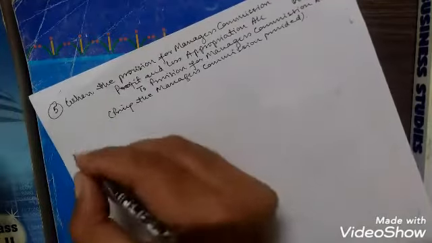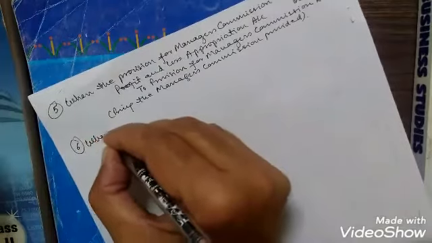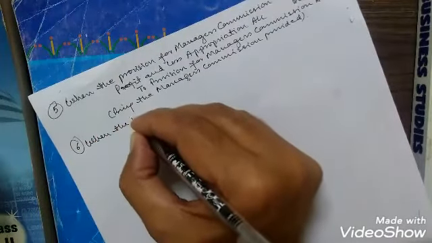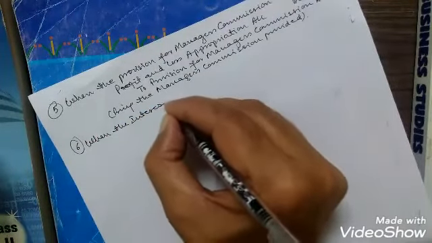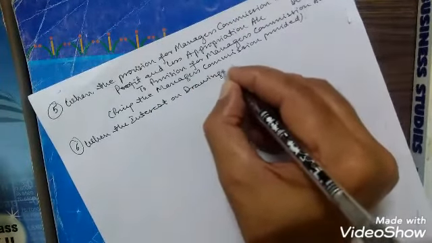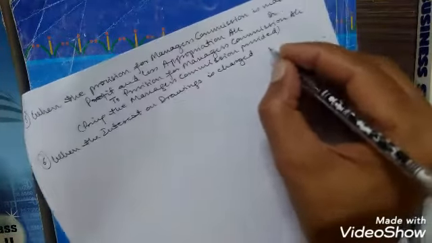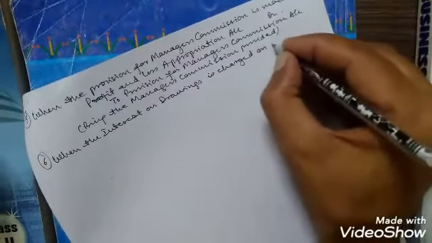Now the credit aspect. Sixth, when the interest on drawings is charged on partners.